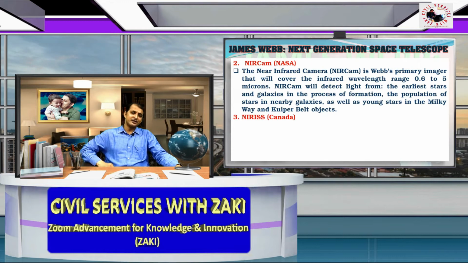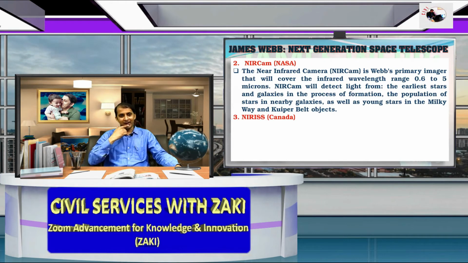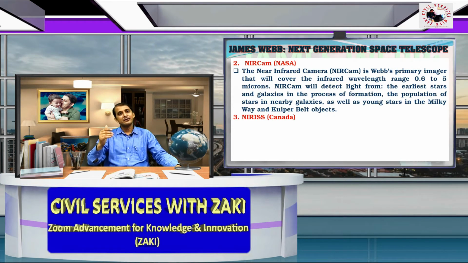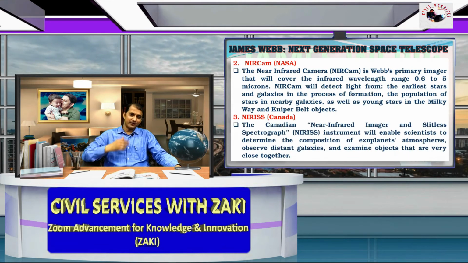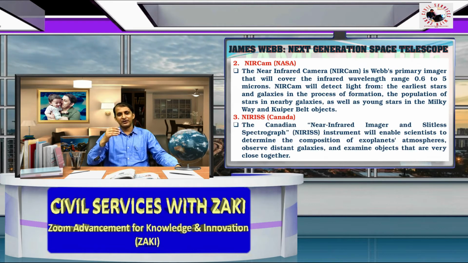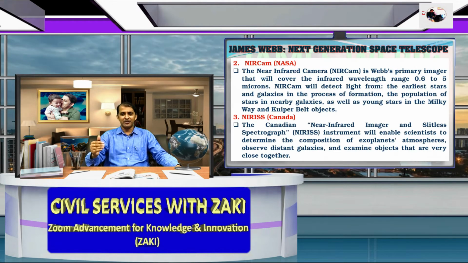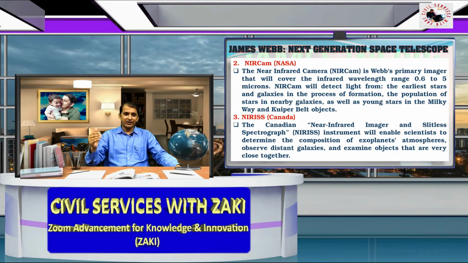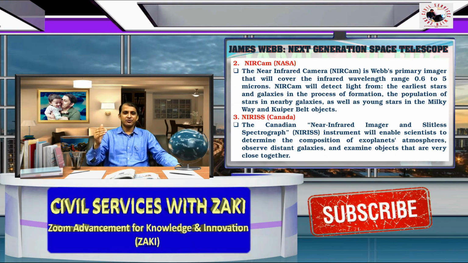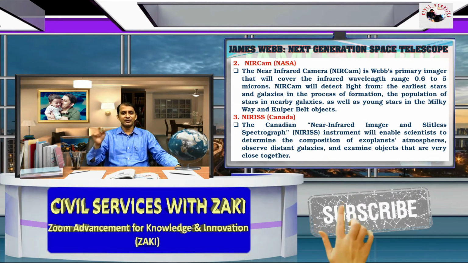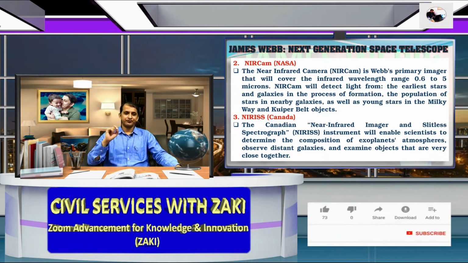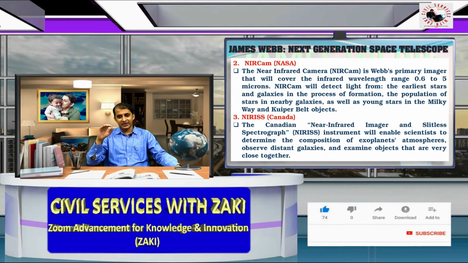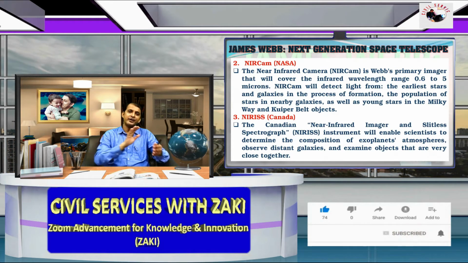Another, the third, is NIRISS. It is from Canada. It is a Canadian instrument. The Near-Infrared Imager and Slitless Spectrograph will enable scientists to determine the composition of planet atmospheres, observe distant galaxies, and examine objects that are very close together.